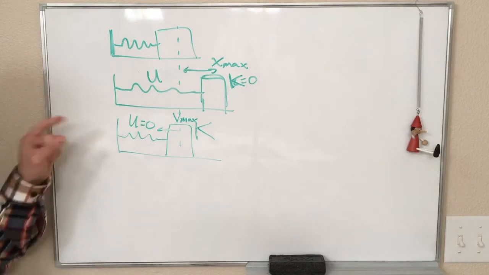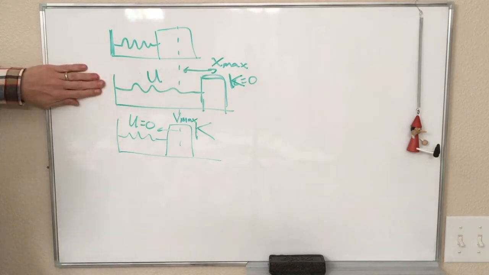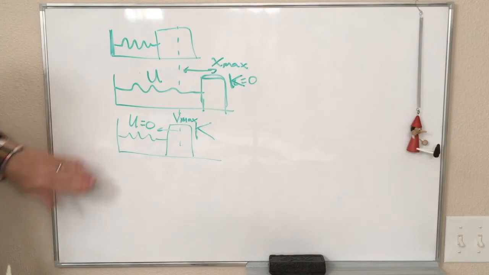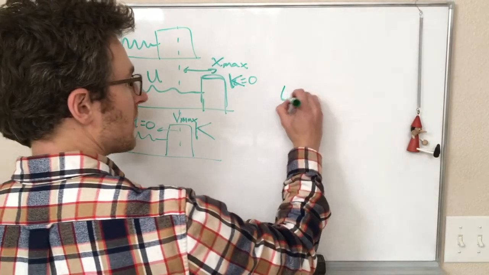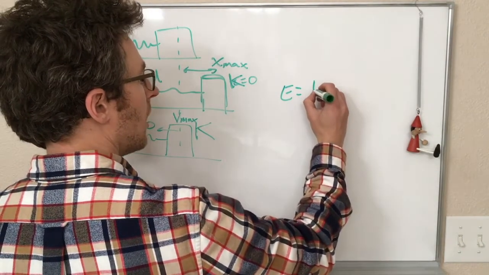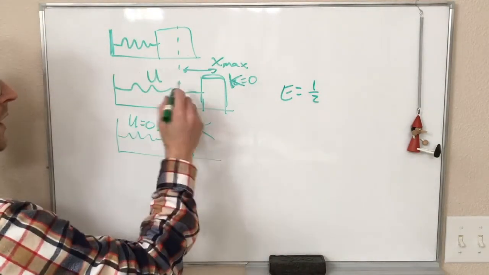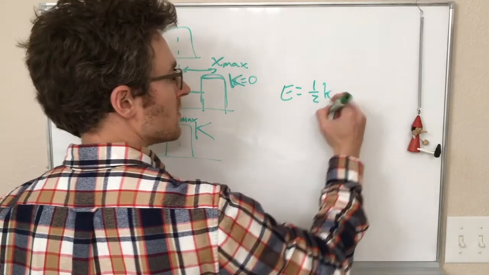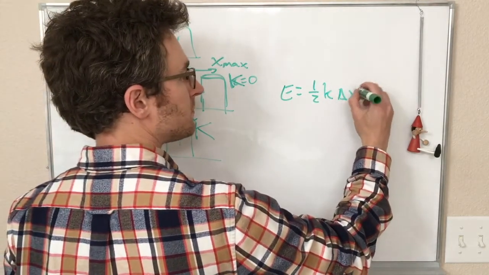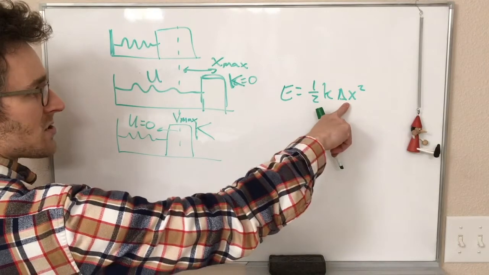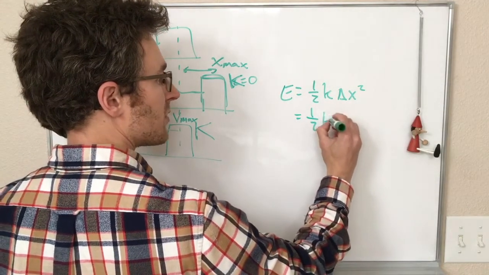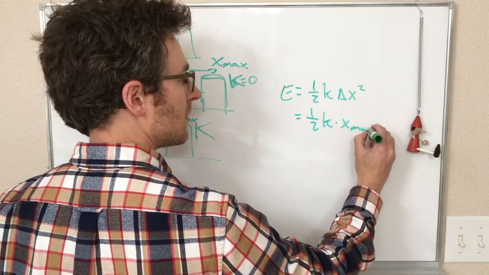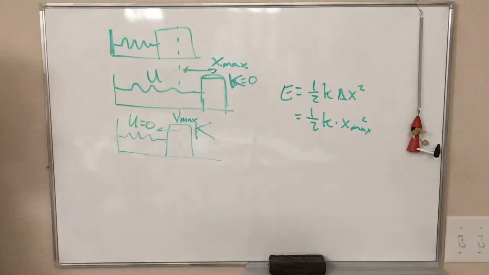So if energy is conserved, if the amount of energy in this picture is equal to the amount of energy in this picture, that gives us a way to figure out what's going on. Here, our total energy is equal to 1/2 k delta x squared. So this is our spring constant k, and delta x, how far we are from equilibrium, is just x max. So this is 1/2 times our spring constant times x max squared.